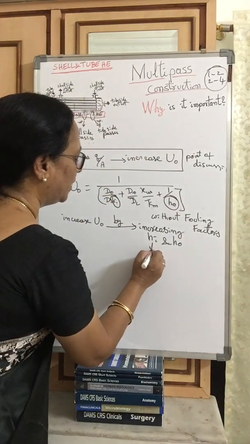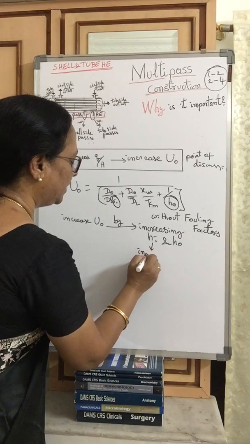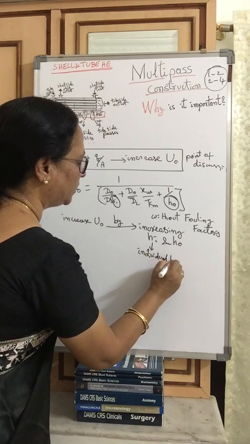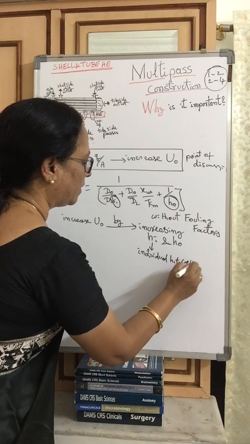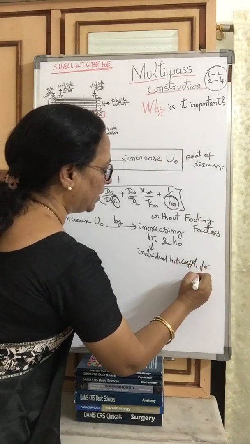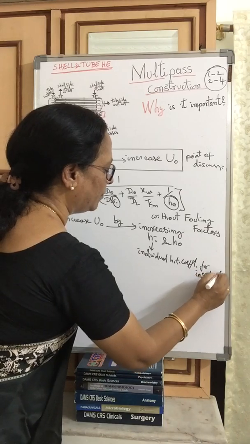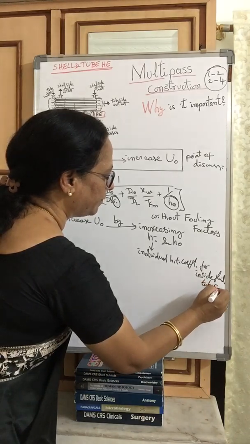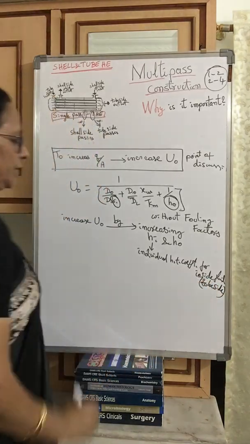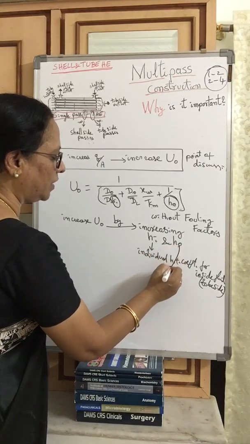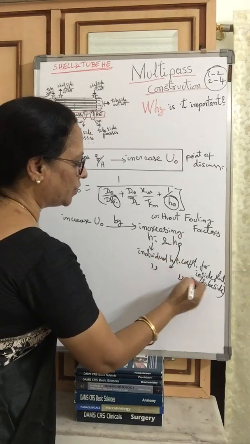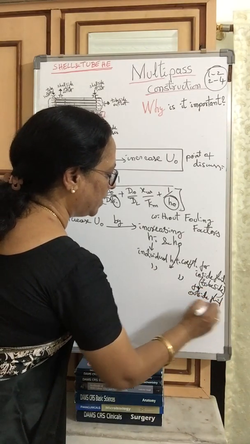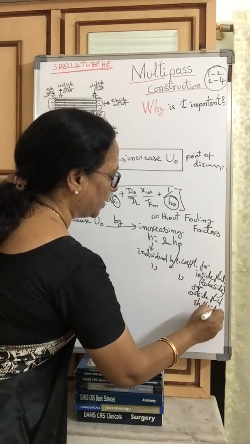What is Hi? Individual heat transfer coefficient for the inside fluid. Inside fluid is nothing but the tube side. What is H naught? Individual heat transfer coefficient for the outside fluid. Outside fluid is nothing but the shell side fluid.